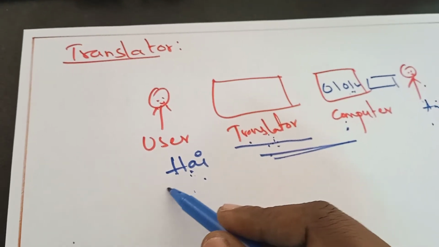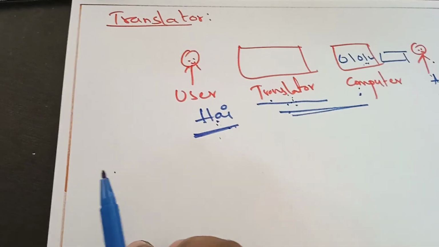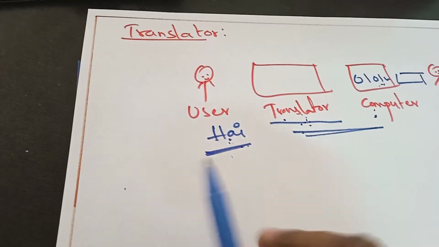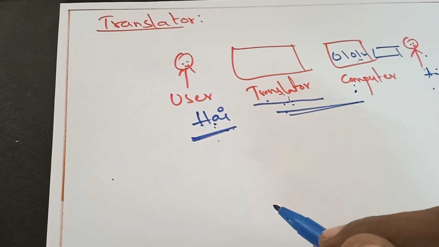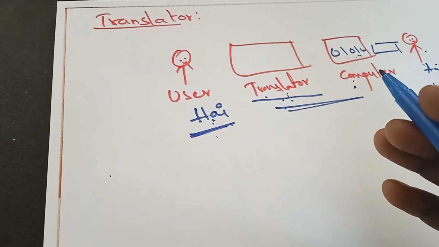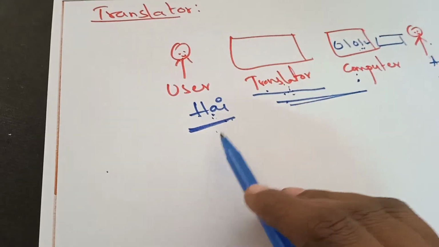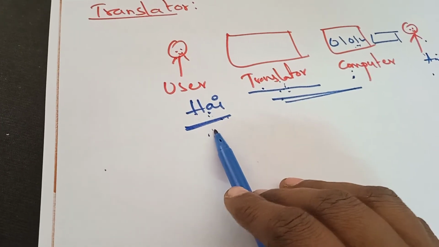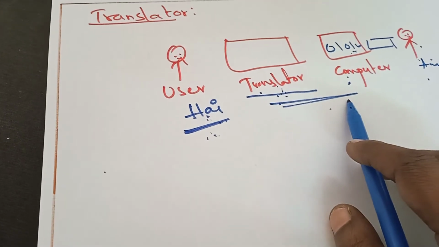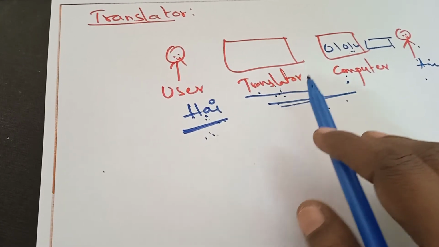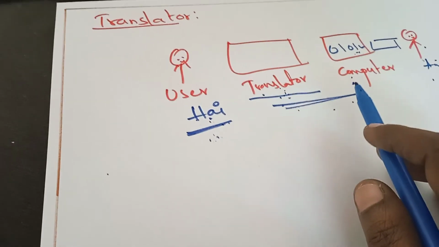Now this "hi" is a general human language. We do have some categories of languages, and I'll make another video on what languages we have. Now let's focus here: whatever the user is giving will be given to the machine, where the machine will have a separate device, the translator, which translates the original message of the user to the system level.